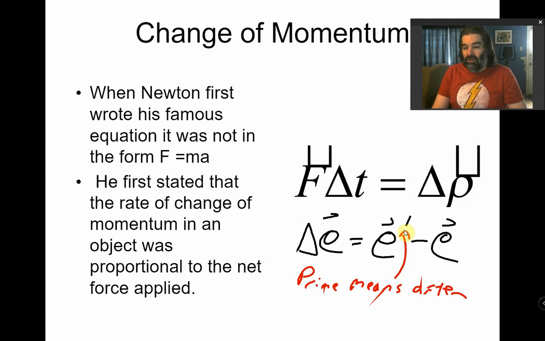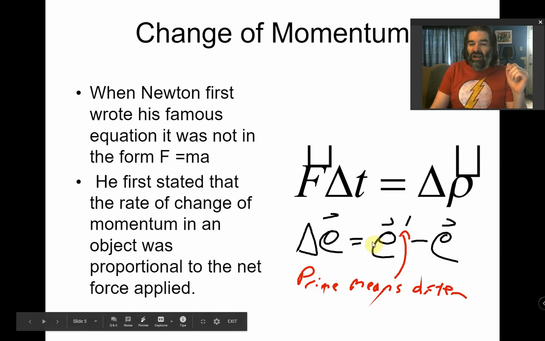By the way, delta basically means, every time you see a delta in math, it means final minus initial. It means change in. Now, because we're going to have sometimes multiple objects, I can't use rho 1 and rho 2 to be the first and the second momentum.